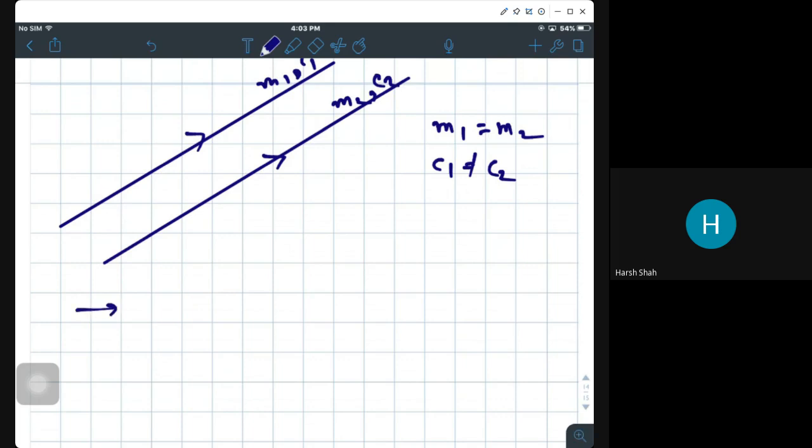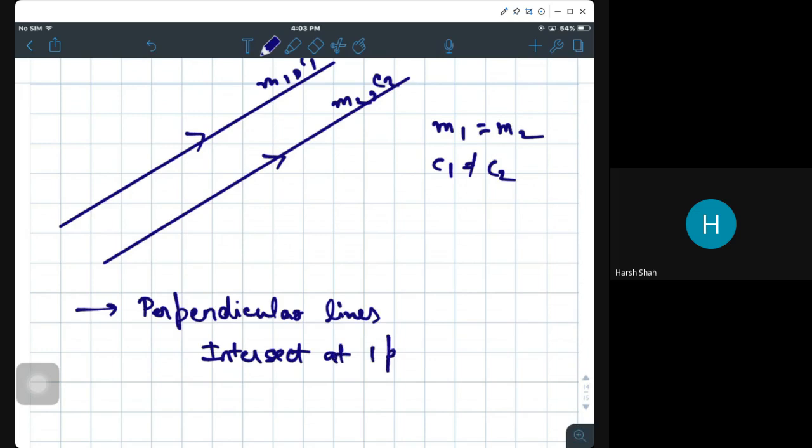Now then there are perpendicular lines. They intersect at only one point with a 90-degree angle.